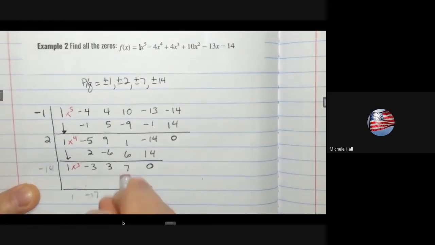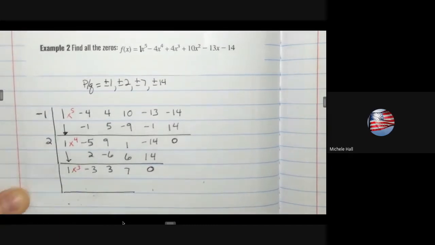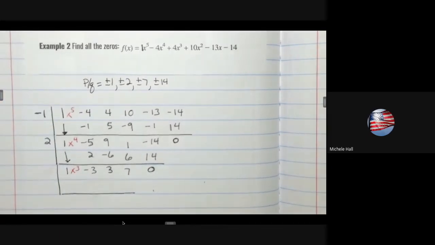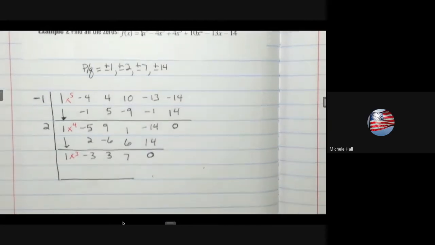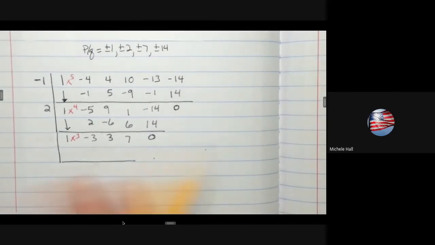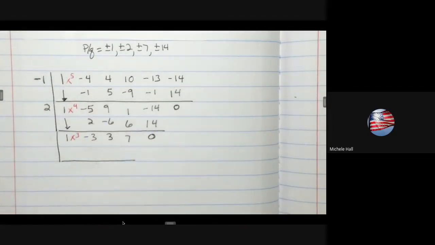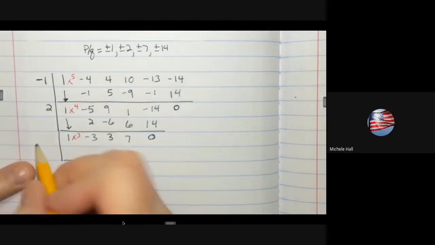All right, there's no way I'm going to get a 7. I've tried all the factors, and I tried all of the factors to show you that I didn't get any more answers. Well, -1 or 2, maybe one of those is a repeated factor. Let's try -1 again.